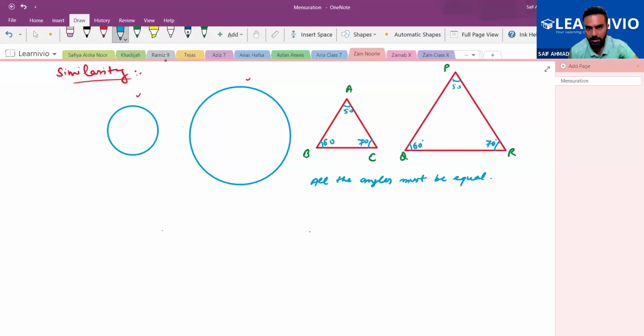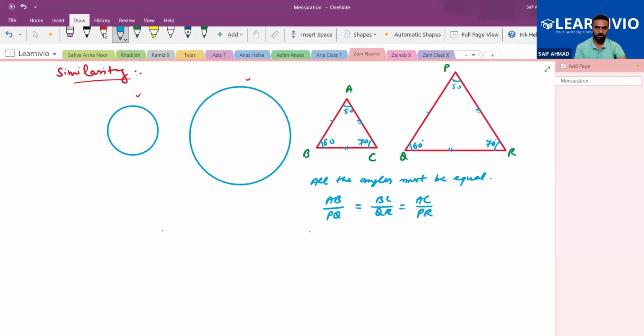And all the sides are in the same ratio. All the sides should be proportional. What is meant by proportional? Corresponding sides will be proportional. For example, AB upon PQ will be equal to BC upon QR, and will be equal to AC by PR.